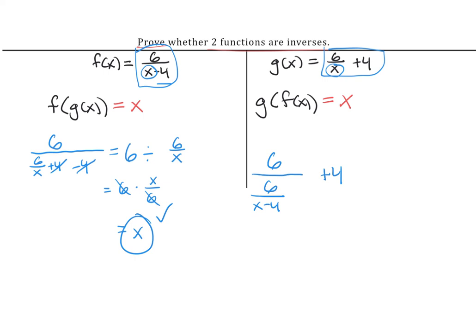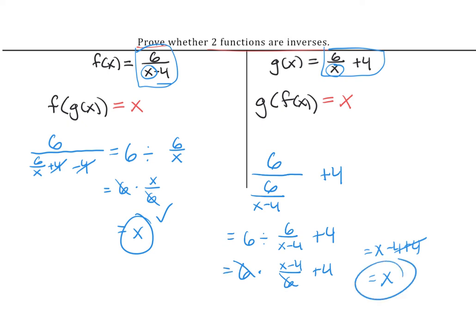Okay, so if I rewrite that, 6 divided by 6 over (x minus 4), plus 4, and then keep change flip: 6 times (x minus 4) over 6, plus 4. 6's cancel, so x minus 4 plus 4, those cancel, and that equals x. I guess I should have all my equal signs on here. Okay, so both compositions get me x, so I just proved that these two functions are inverses of each other.